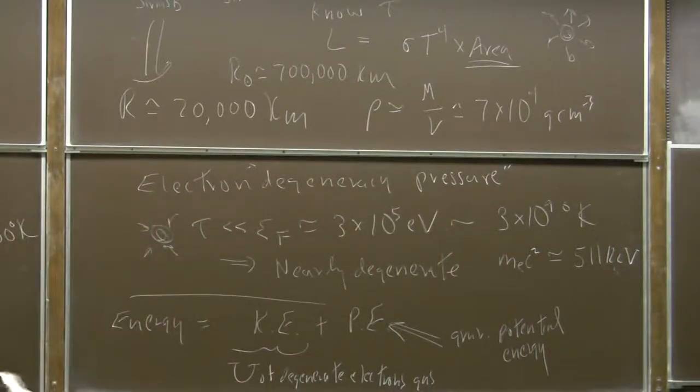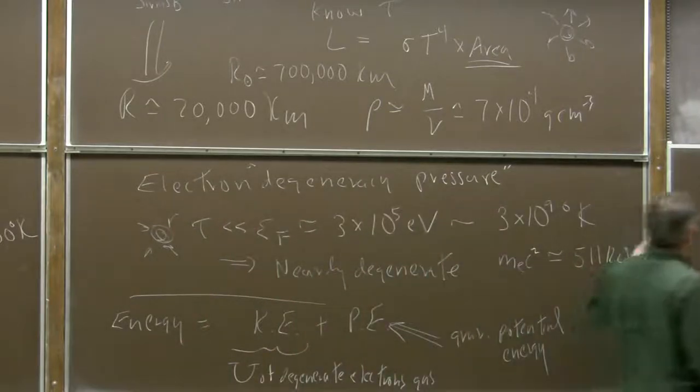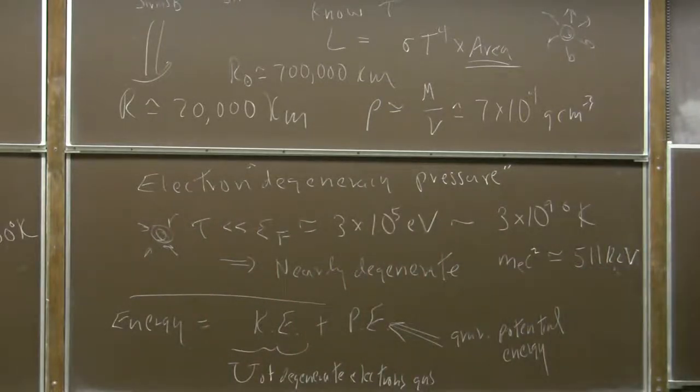Well, the gravitational potential energy I can just take as though it were a spherical shell in my order of magnitude estimate. It's Newton's constant times mass squared over r.